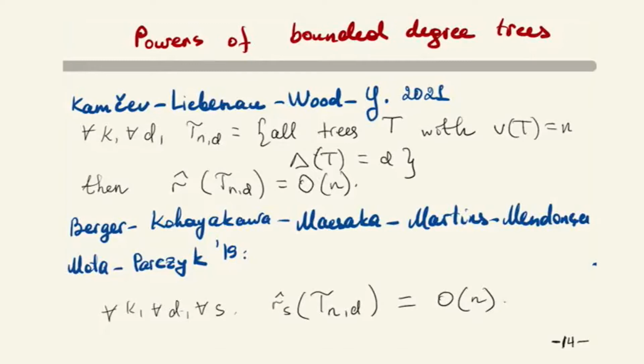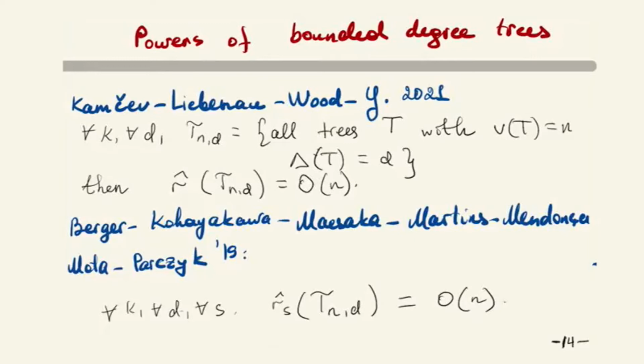And this we only did for two colors. Independently at the same time, Berger, Koyagawa, Maesaka, Martins, Mendonça, Mota, and Parczyk showed that the same is true for any number of colors.